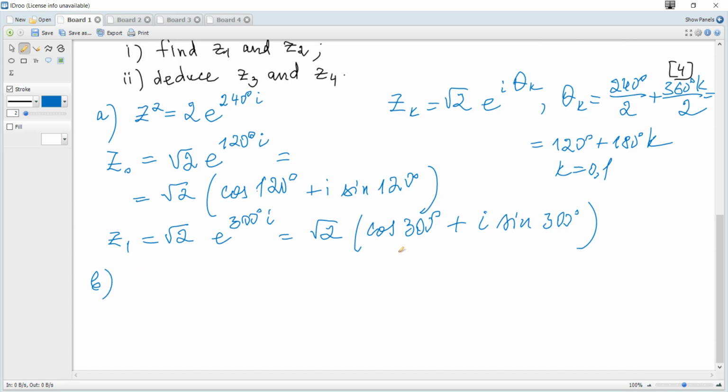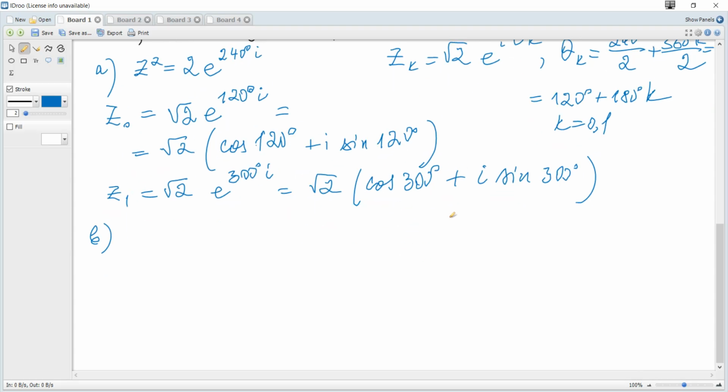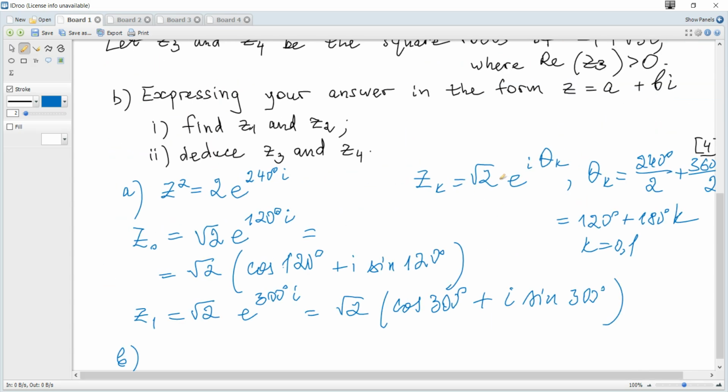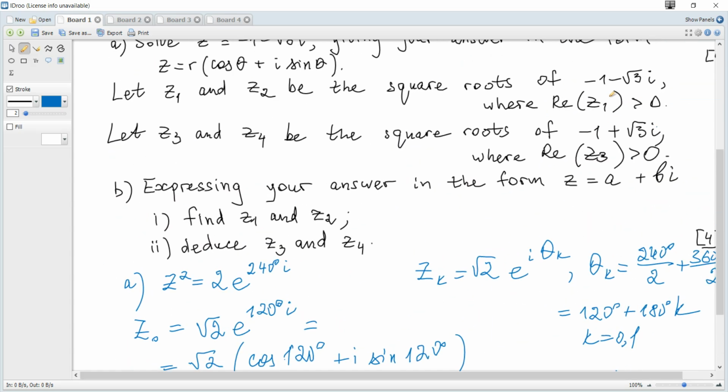This complex number, cosine of 300 and sine of 300: 300 is in the fourth quadrant, so this complex number is in the fourth quadrant, so cosine is positive, sine is negative, and cosine is the real part, so for this complex number the real part is positive, so it is our Z1.